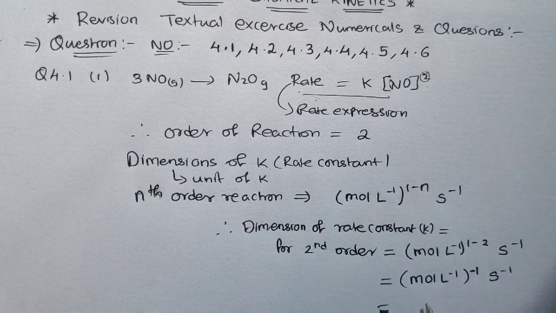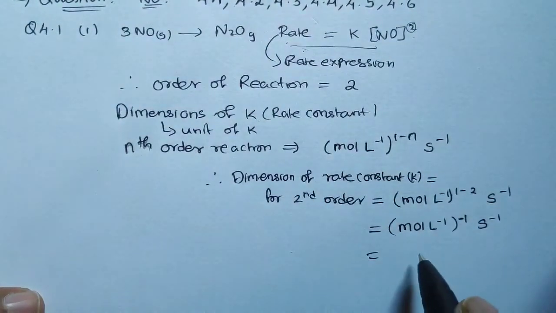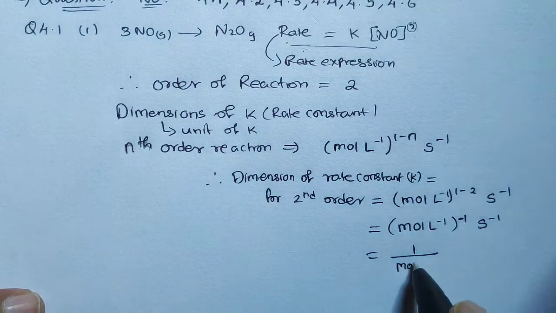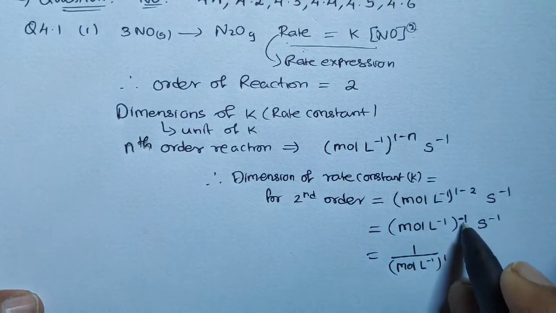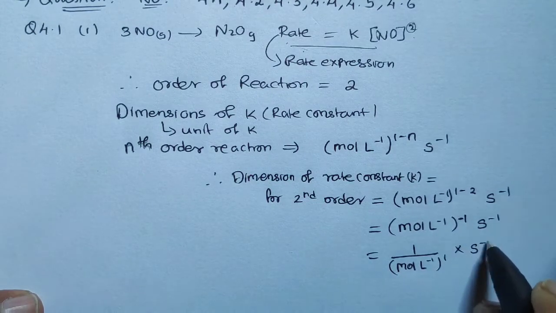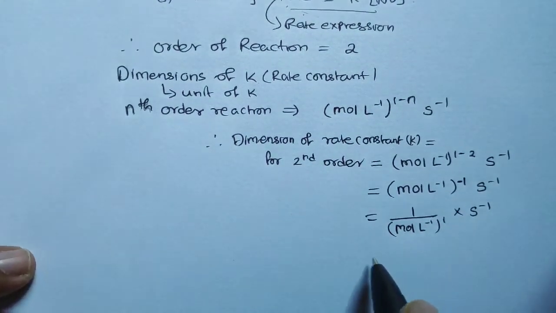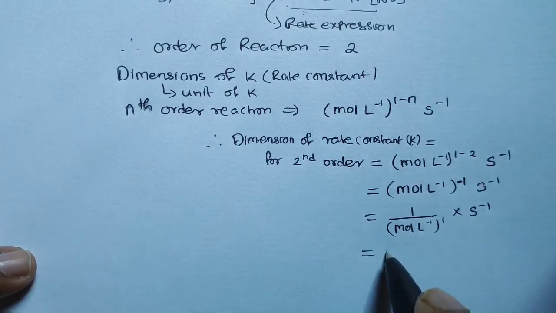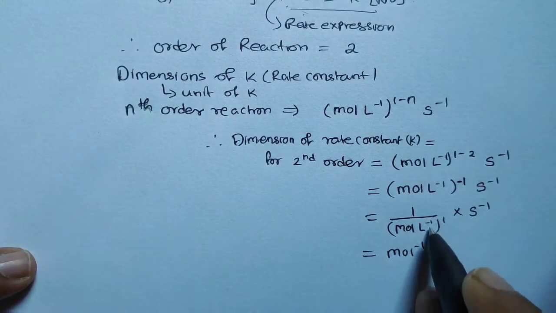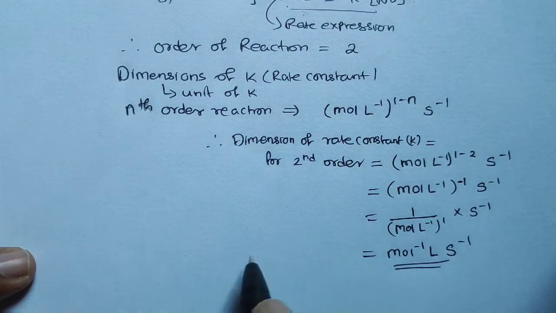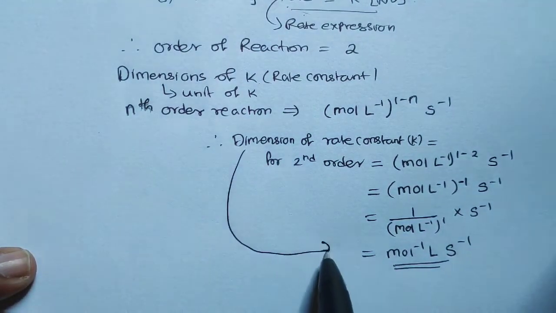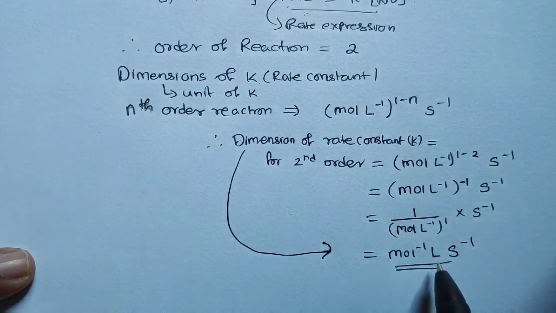So I can write this as 1 upon mole liter inverse raised to 1. Which is equal to, the mole will go up, it will be mole inverse, and liter inverse will become positive liter, and second inverse. So this is the dimension of rate constant for a second order reaction.